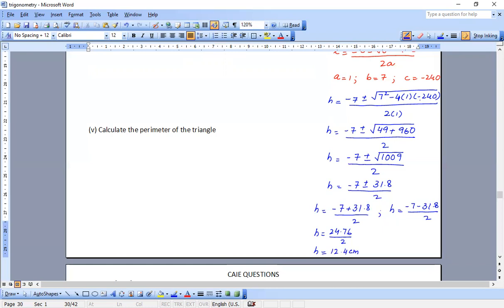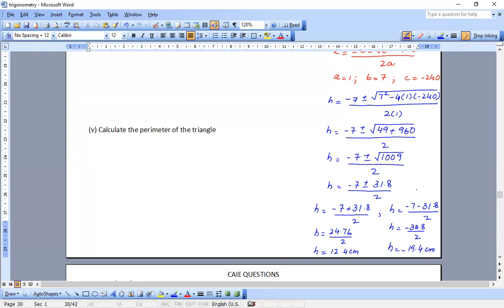If I continue solving the other part, minus 7 minus 31.8, I'll get minus 38.8 divided by 2, and then h is going to be minus 19.4.